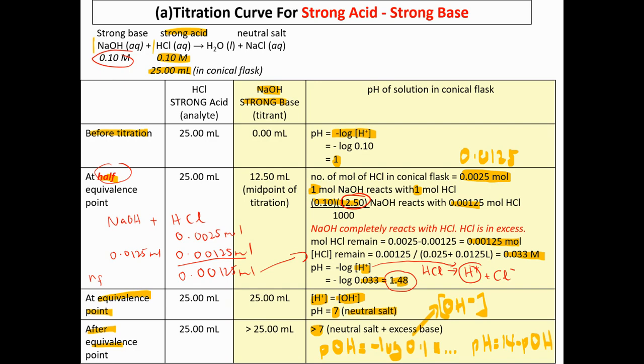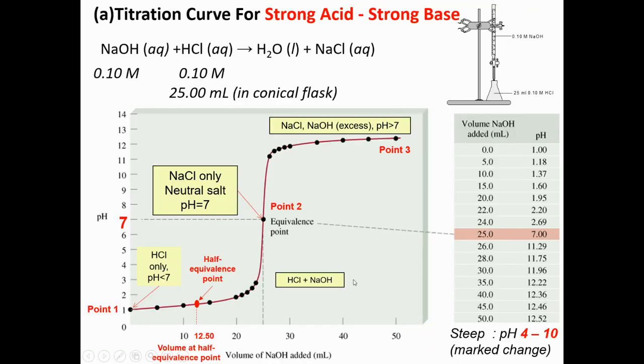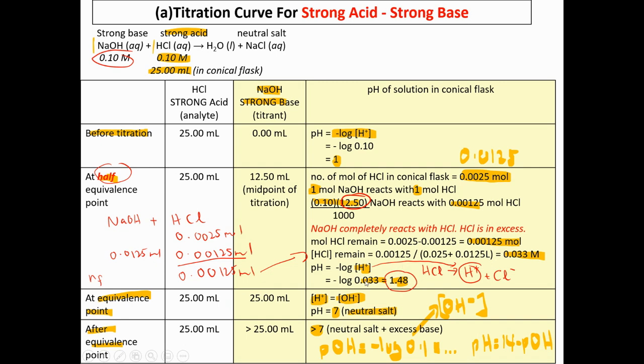Okay, now next one, let's look at this. Just now we have calculated at 12.5 mL when sodium hydroxide is added. 12.5 mL of sodium hydroxide is added. The half equivalence point just now calculated was 1.48.